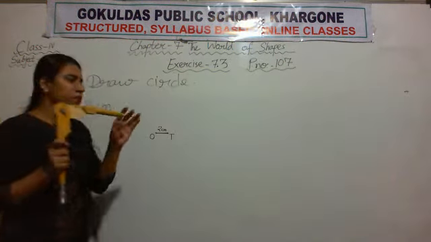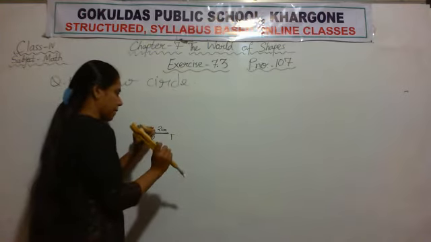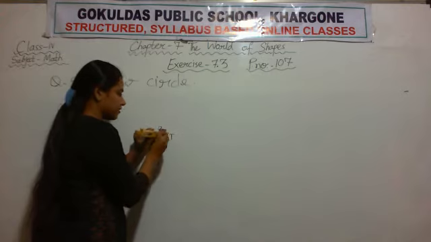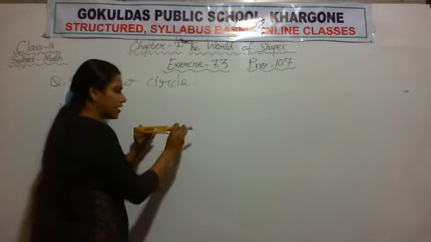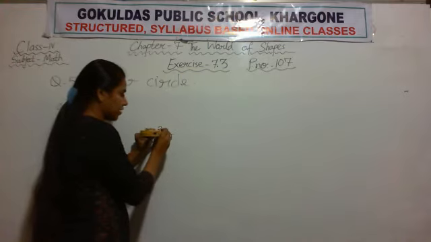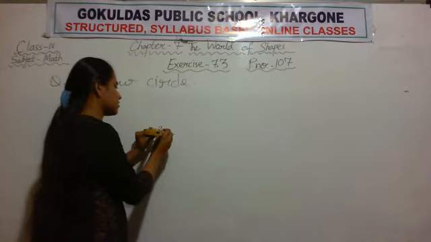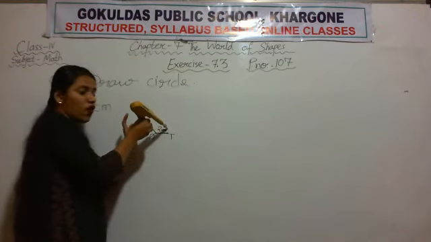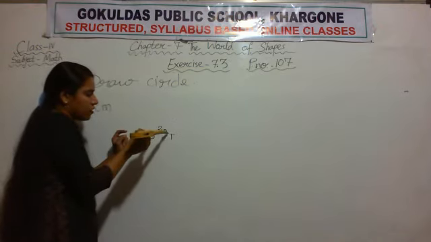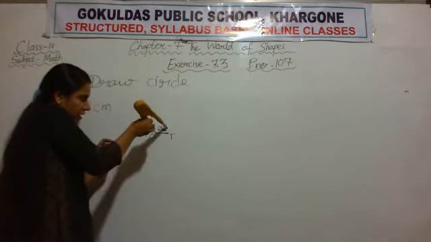This metal point will be fixed on the O. Stretch the other end of the compass to the other point, measure this distance and make a circle. Do not move the metal point. Fix this point and make a circle like this.